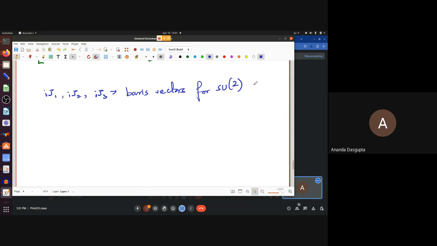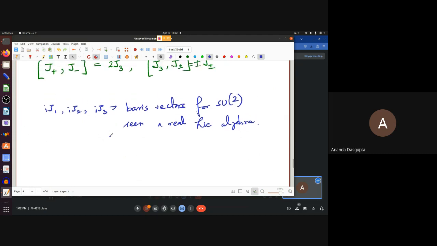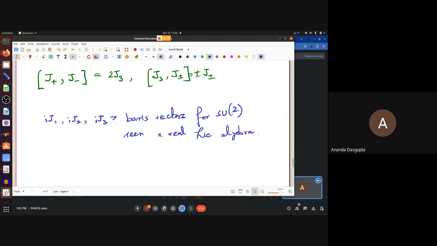Okay. Seen as a real Lie algebra. This is important. The change I talked about is J plus, J minus, and J3. I will just use J plus, J minus, and I will use something called J0. I will just say 2J3 is J0. This is slightly unfamiliar, but it's easy to relate one to the other.